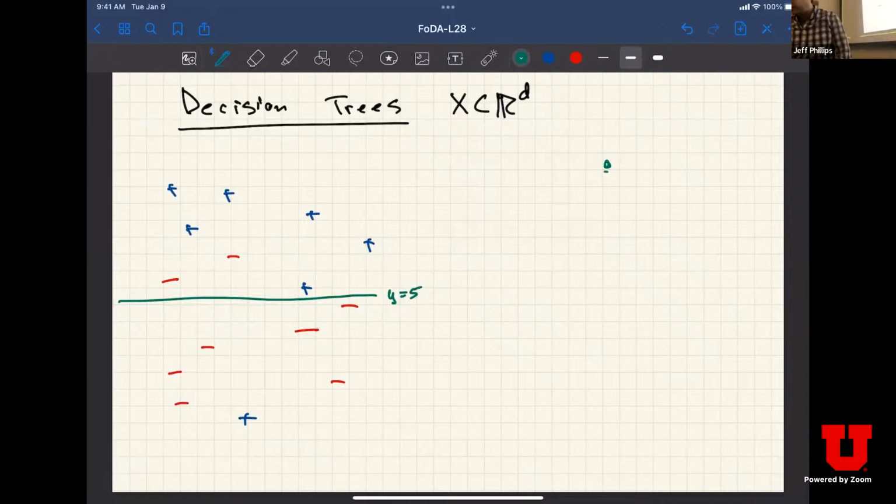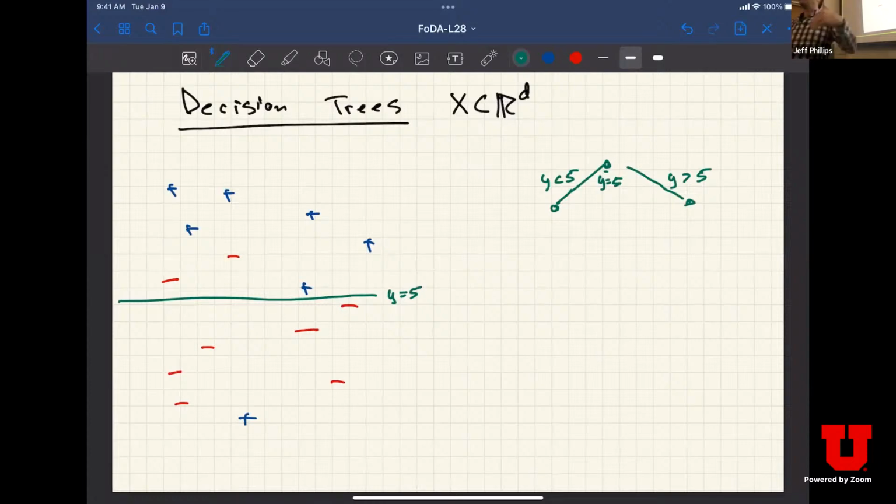So this is y equals 5, with two subtrees: y greater than 5 and y less than 5. So I have two halves. Less than 5 it's mostly negative, and greater than 5 it's mostly positive.